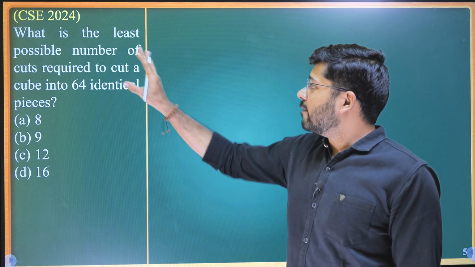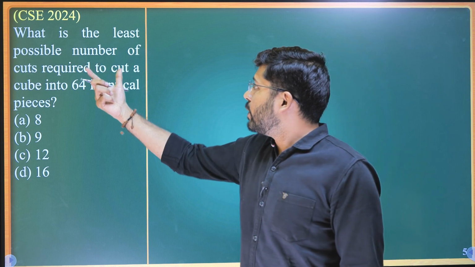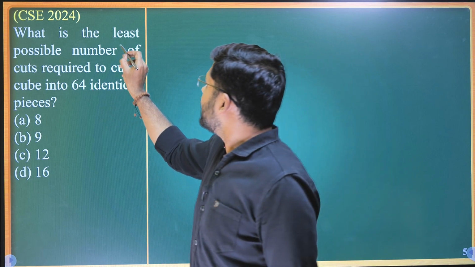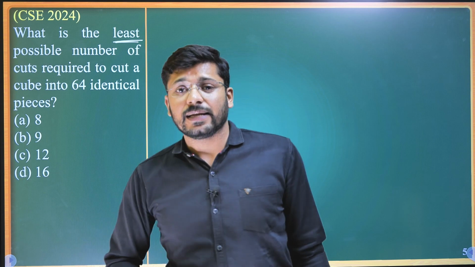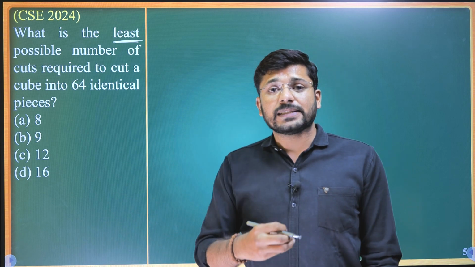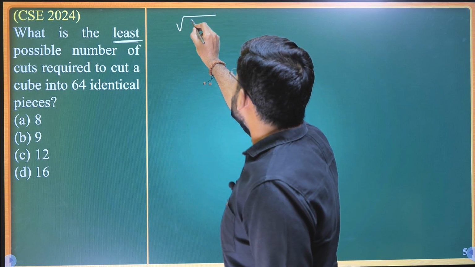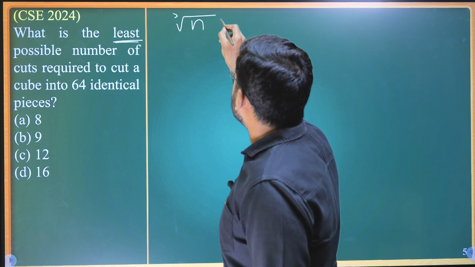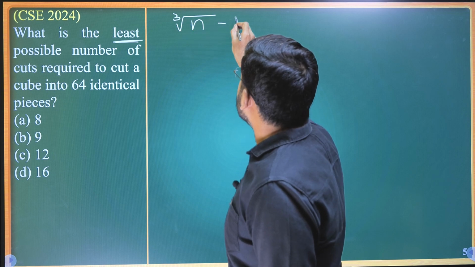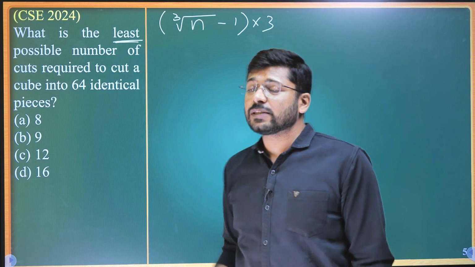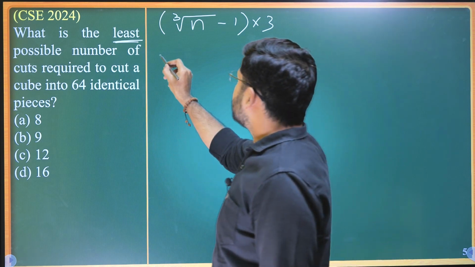We know that when they ask us to cut a cube into identical pieces with the least possible number of cuts, then each of those little pieces will also be cubes themselves, and we have a formula to get the cuts required to get identical cubes. That would be cube root of n minus 1 into 3. Apply this formula. What do we get?